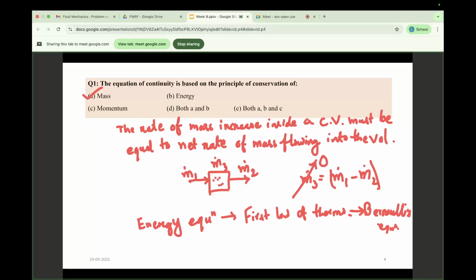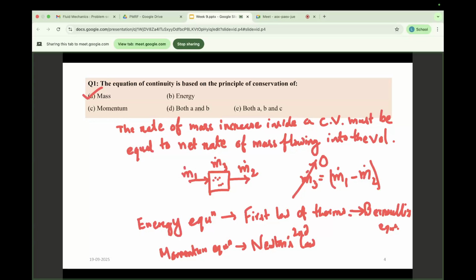Next is the conservation of momentum equation. So this is basically Newton's second law. You have studied this law. What does this law state? This law states that the rate of change of momentum is directly proportional to the applied force, and the change takes place in the direction in which the force acts.